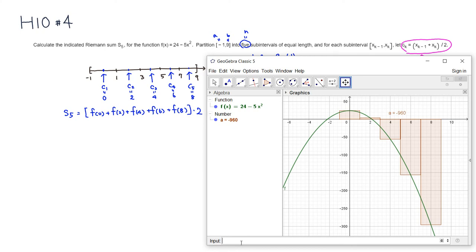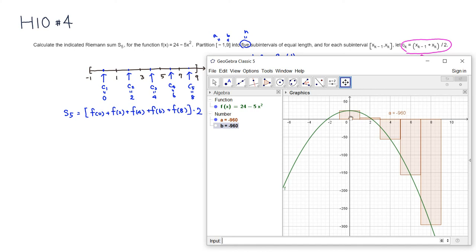So we need f of 0, plus f of 2, plus f of 4, plus f of 6, plus f of 8. Then we multiply by 2, which is delta x. If I hit enter, you can see that we get negative 960.